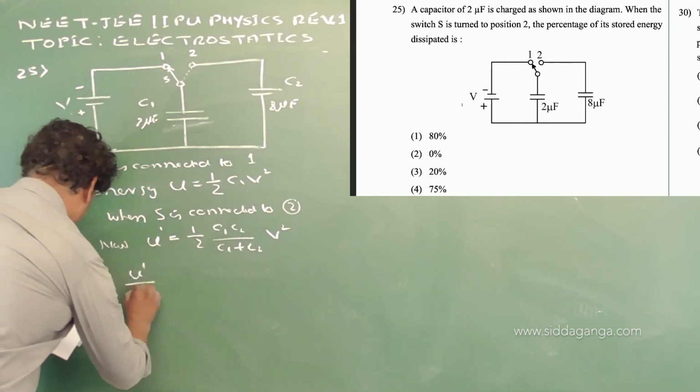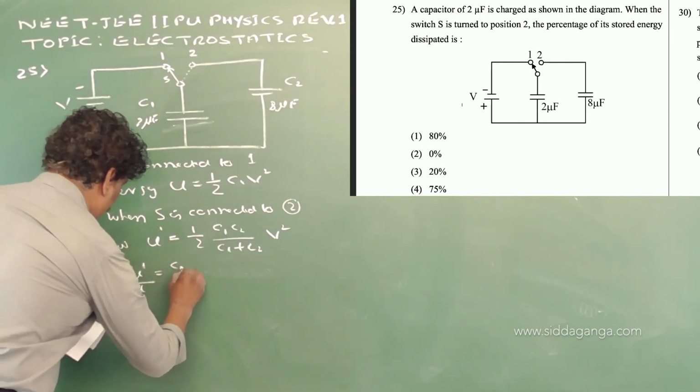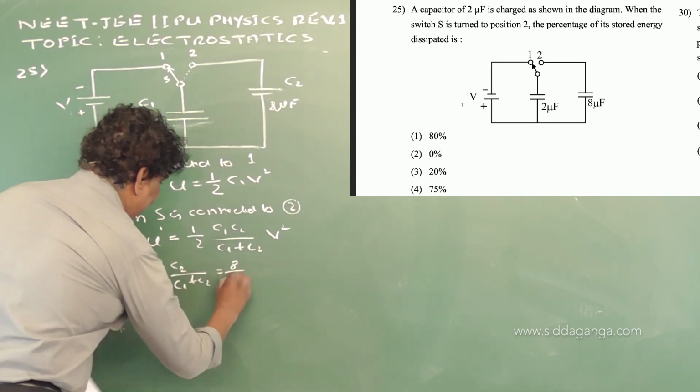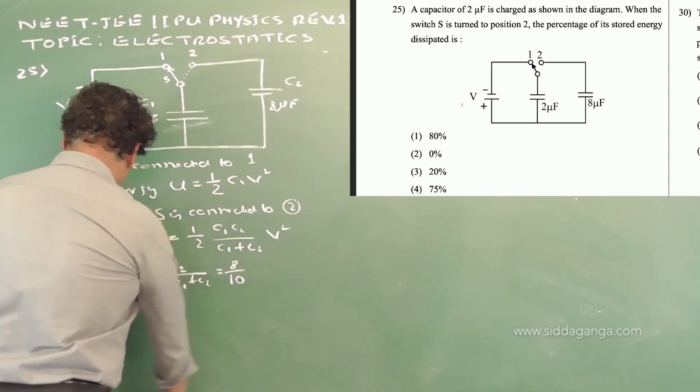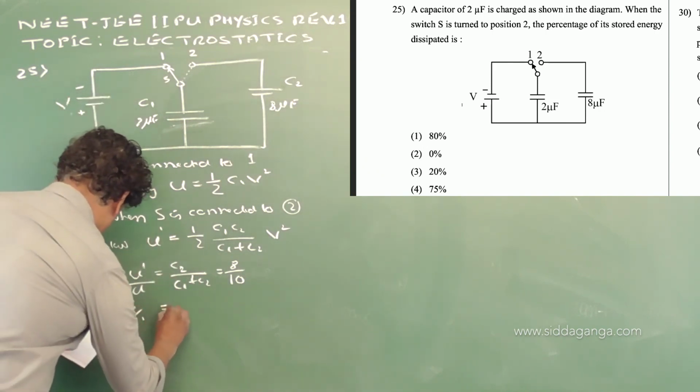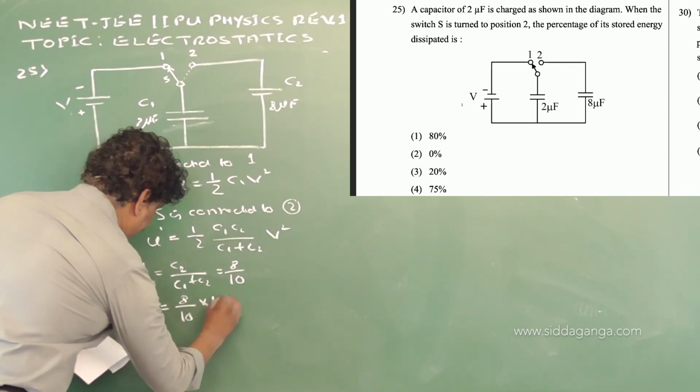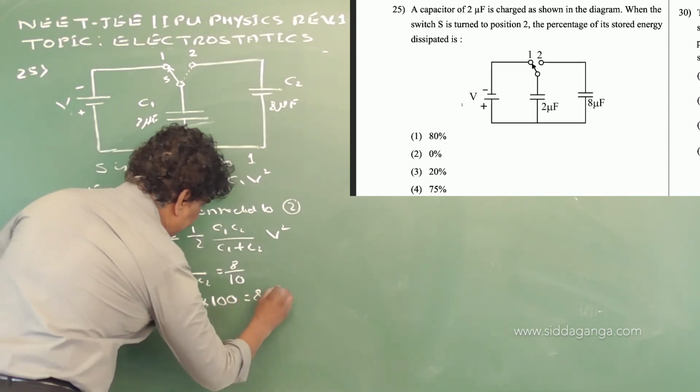Therefore, U dash by U is equal to C2 by C1 plus C2, that is equal to 8 by 10. Now, percentage is 8 by 10 into 100, that is equal to 80%.